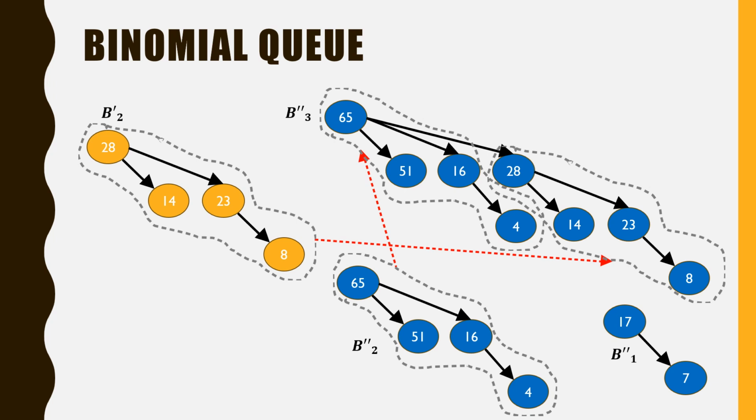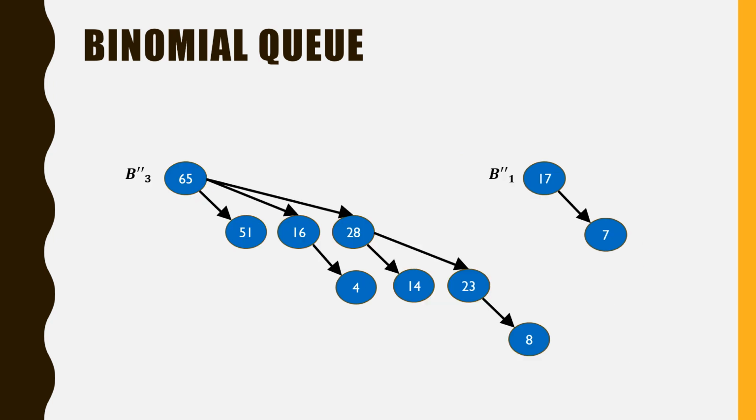This merge results in the blue binomial tree B'3. Since we only have a single B3 tree, no further merges are necessary, and we can terminate the merge process at this point. This series of merges leaves us with a B3 tree and a B1 tree, which together form the merged binomial queue.